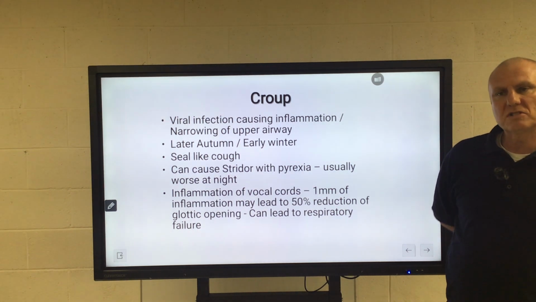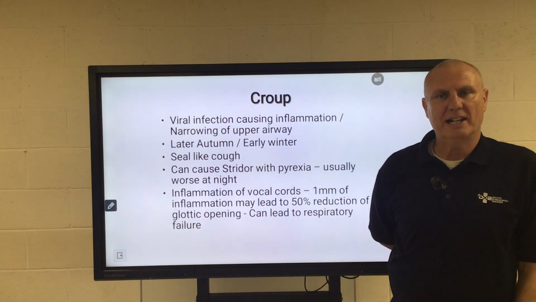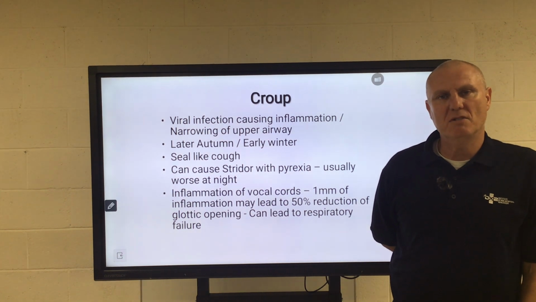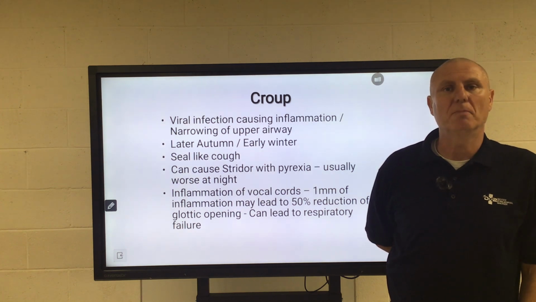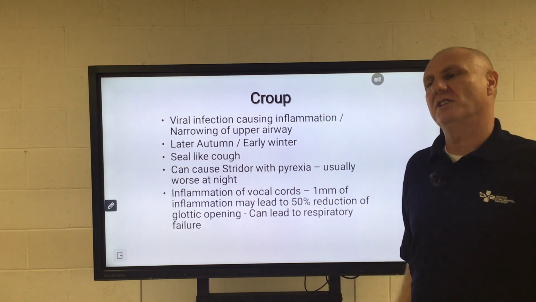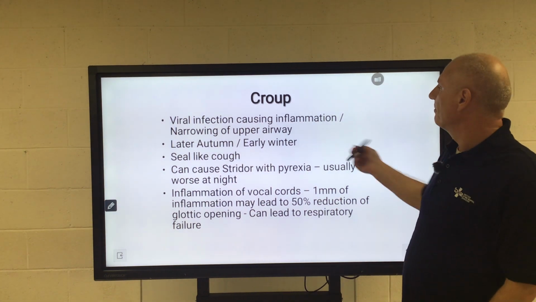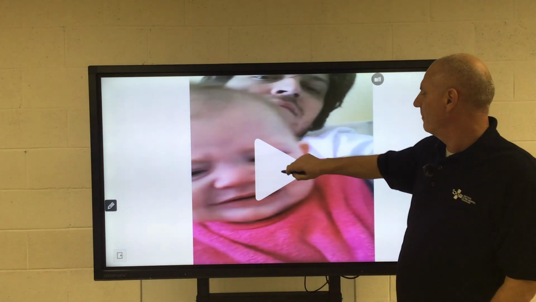And what looks to us like a child just kind of struggling a little bit, if that was you or I, we'd be in big trouble. So they can actually be pre-respiratory failure, and people don't pick it up. So I know we have some sessions on the likes of the Paediatric Assessment Triangle, the PAT. You need to really have a good look at that. So here's a video talking about croup.